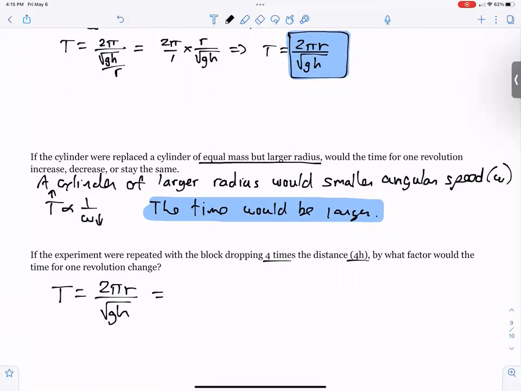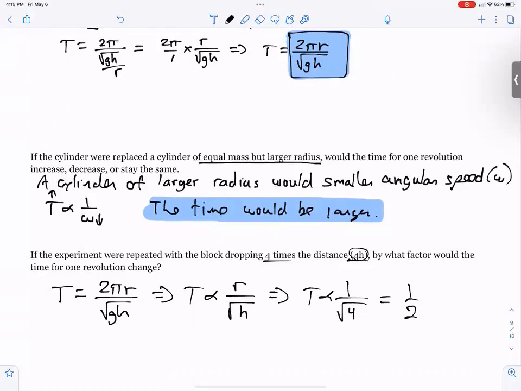What this tells you is that t is proportional to r over the square root of h, because remember, g is a constant too. So since r doesn't change, t is proportional to 1 over the square root of h, but h increases 4 times. So 1 over the square root of 4 is 1/2. That means the period would be half.